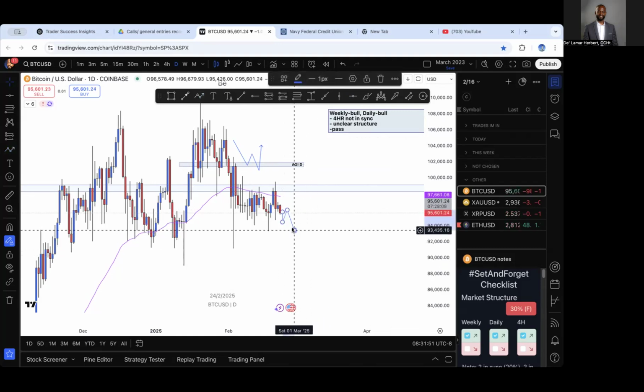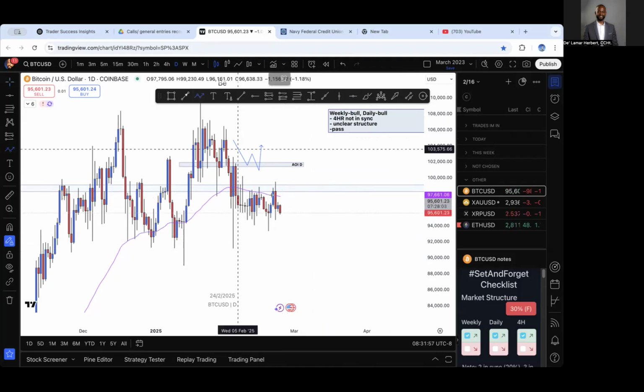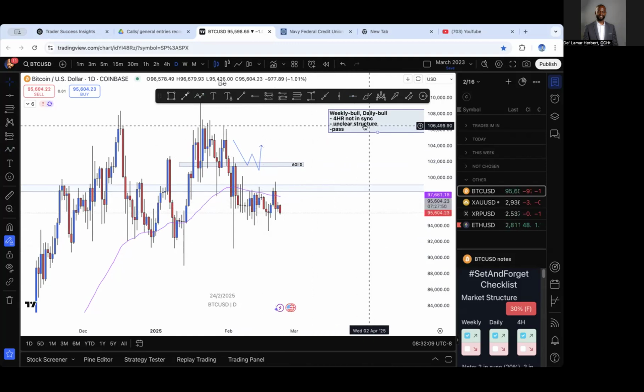And do something like that, but that's what price could do. Or it could go back higher, and then we'll take buys. But for now, it's in sync, but it's just a little unclear structure here on the daily. So pass.